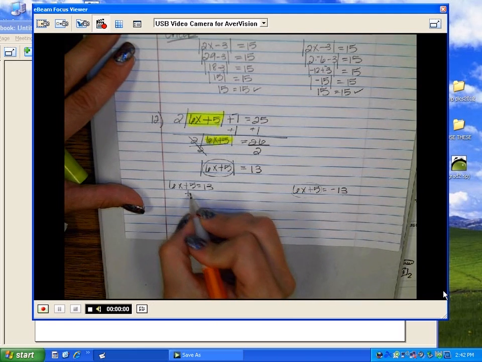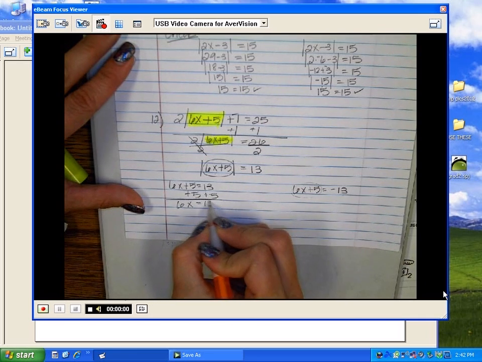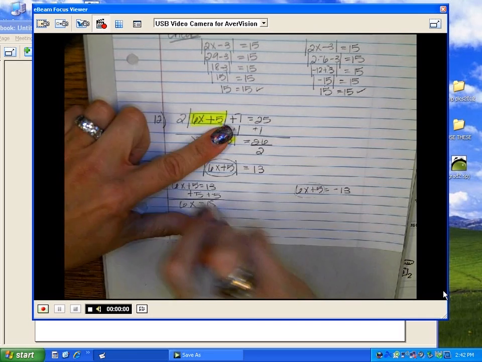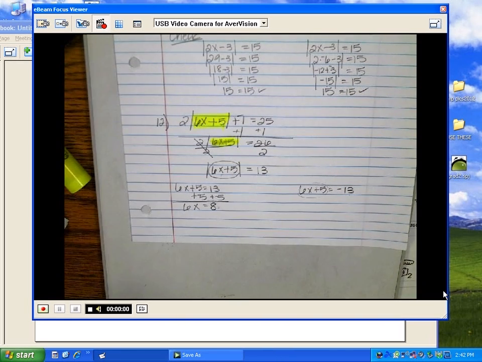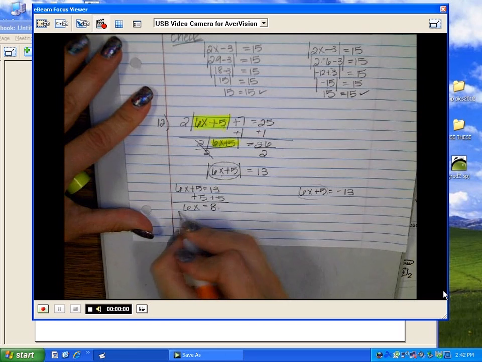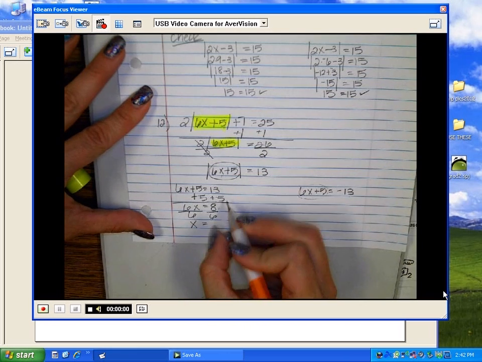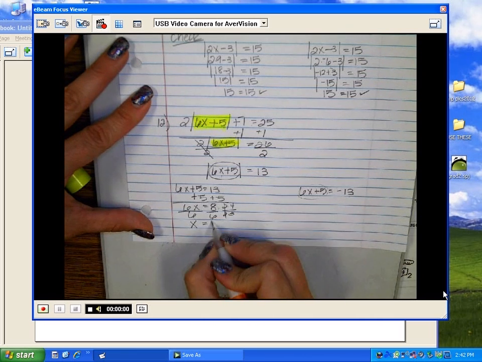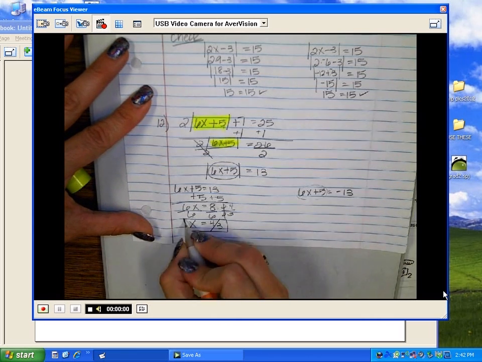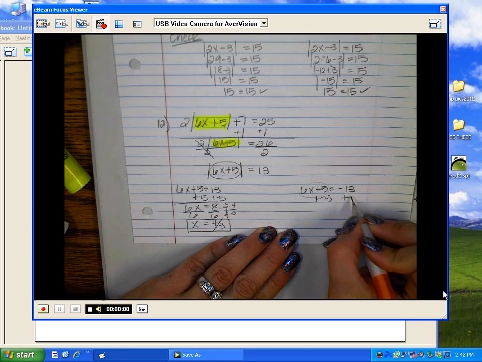So now I'm going to solve for x. So I get x is equal to, and remember, 8/6 is really 2 times 4 and 2 times 3. So x is really 4/3. And then over here, I'm going to do it with the opposite one.